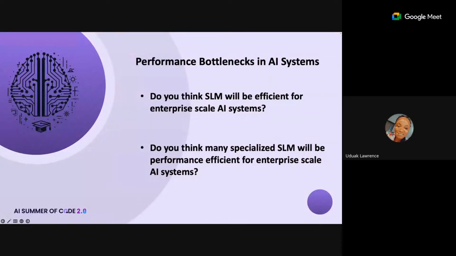For small language models, I think they'll definitely be efficient for enterprise scale AI systems, depending on the tasks. If they are just lightweight tasks, it might be efficient. Let me speak from the little experience I have. Recently, we worked on a platform to process data and visualize it, and it needed to be automated.